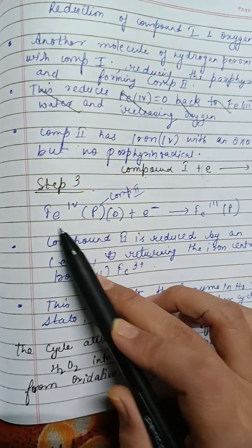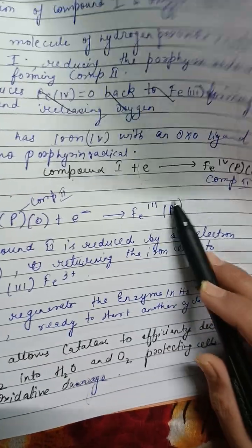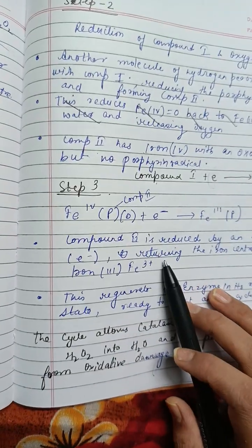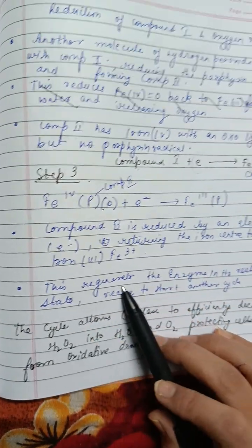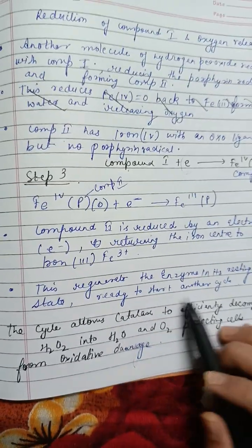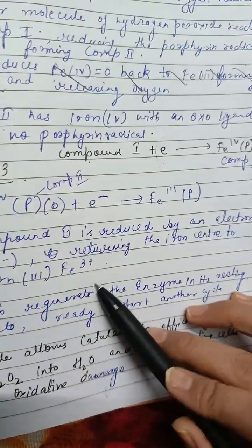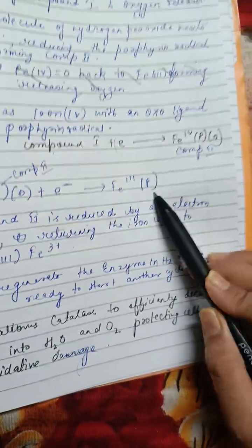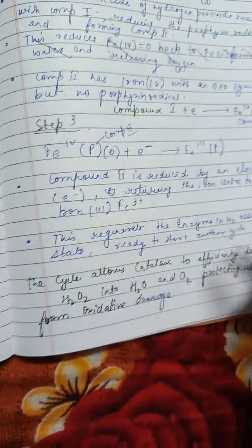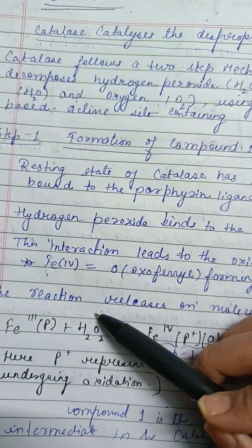So the Fe4+ iron becomes Fe3+P. This regenerates the enzyme in its resting state, ready to start another cycle. Now when it comes back to Fe3+P, the cycle goes on continuously, because this is the first step. Then again H2O2 will come and break down like this.